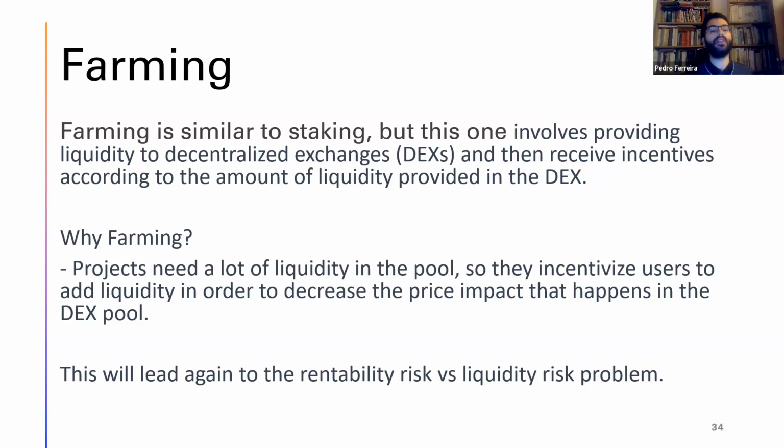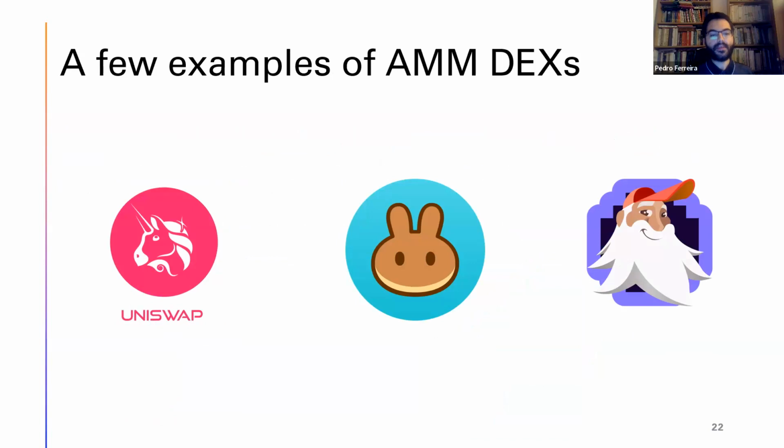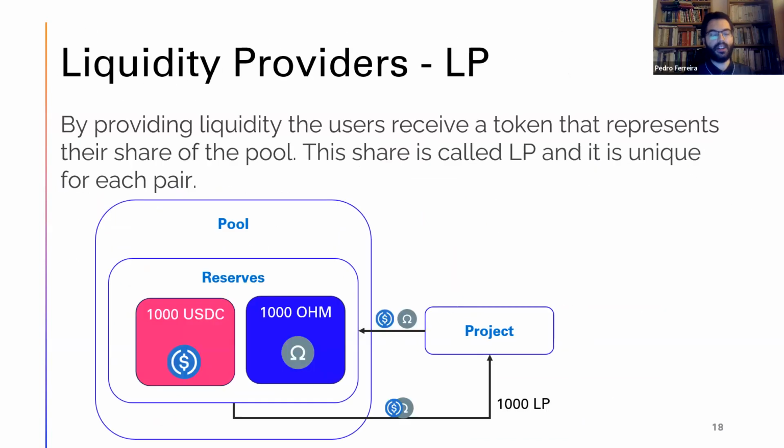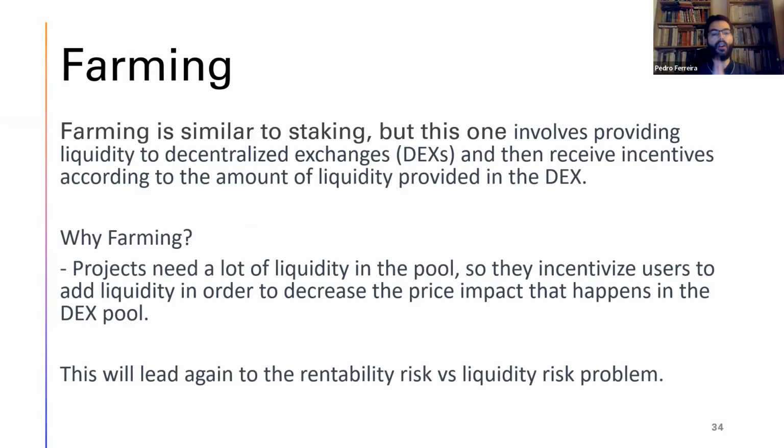You are depositing liquidity positions, which is basically the liquidity that we had here in the liquidity pool. In this case, the liquidity that we provided, you receive these 1,000 LP. Remember these 1,000 LP: the projects say, deposit this in a smart contract on our platform, and we will reward you with tokens.